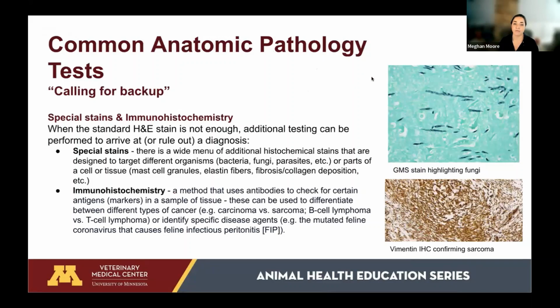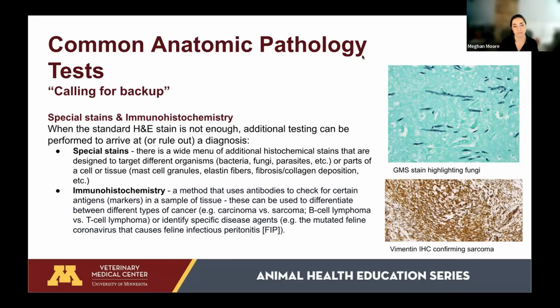Okay, and then very briefly, there are other things that we can do as well, calling for backup. Sometimes just the standard staining is not enough, so we can go looking for either bacteria or fungal organisms or parasites with other special stains that will help to highlight them.